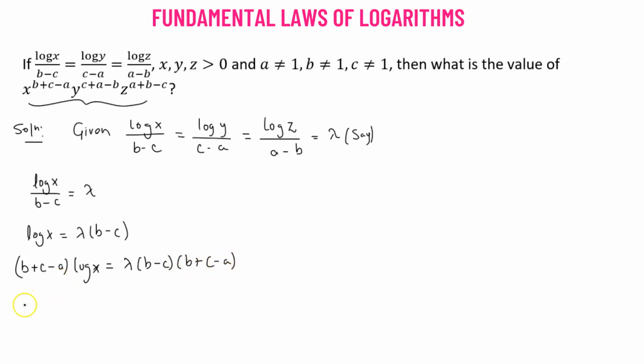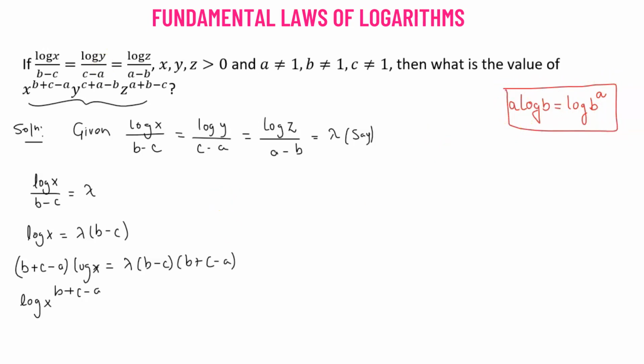In doing so, we will use a property of logarithm and rewrite the term on the left hand side as log of x raised to the power of b plus c minus a. Here we have used the property of logarithm: if we have a times log of b, this is the same as log of b raised to the power of a.